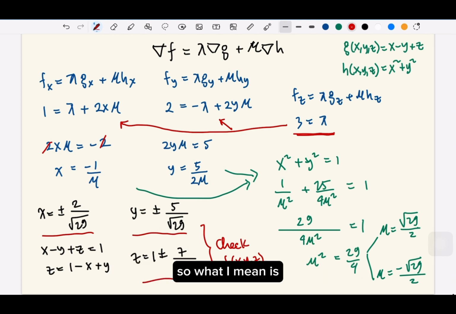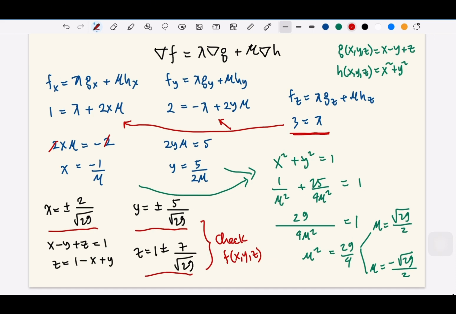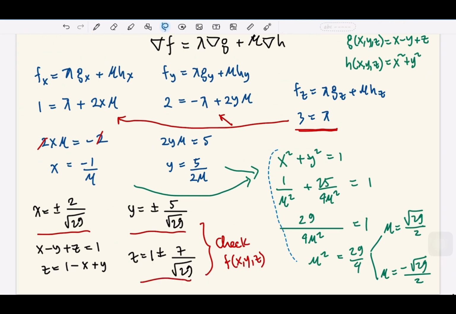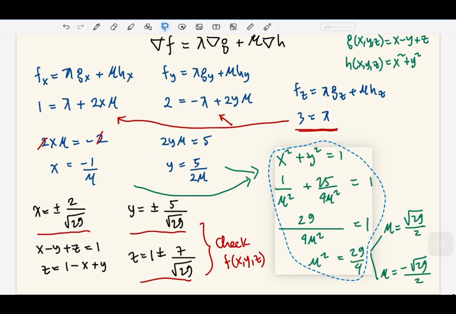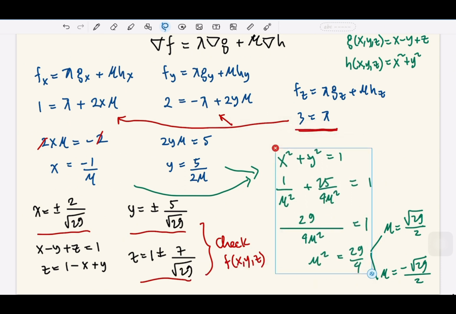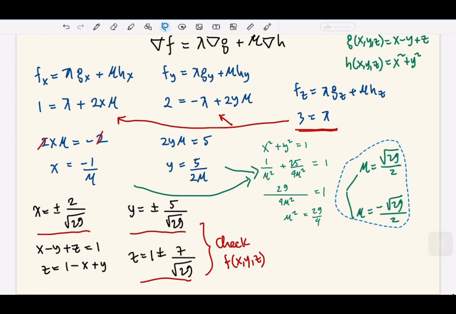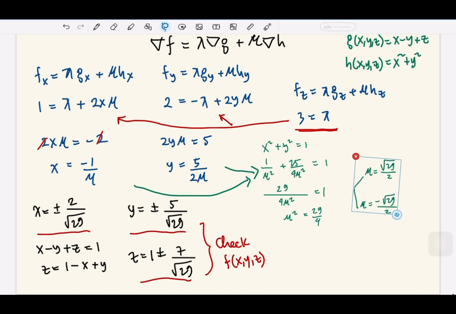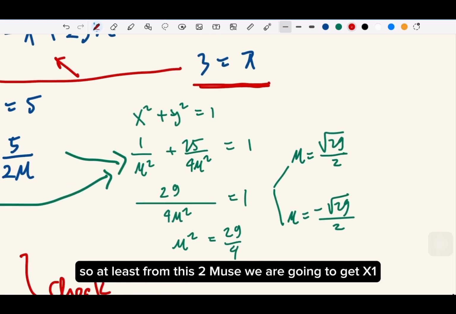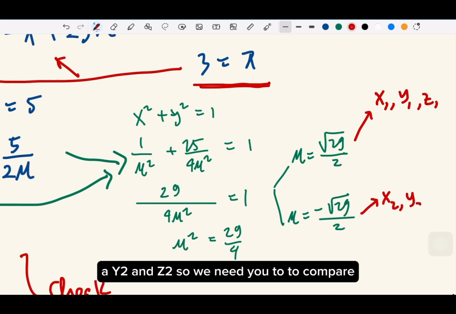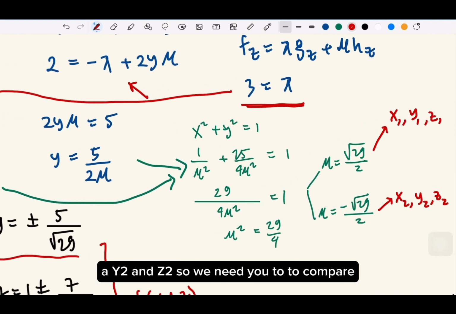So what I mean is, from these two mu's, we are going to get x1, y1, z1, and from here we get x2, y2, and z2. So we need to compare which combinations can make the maximum.